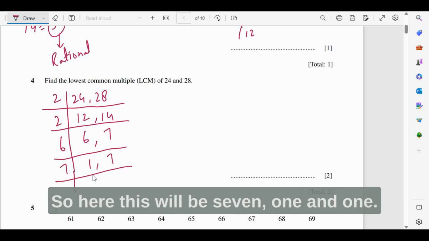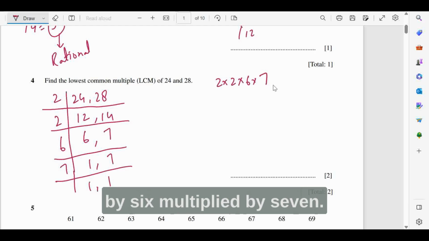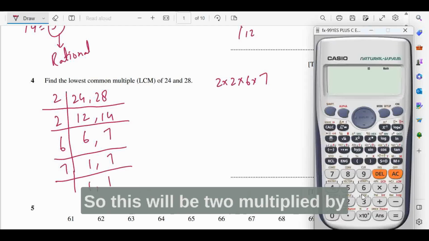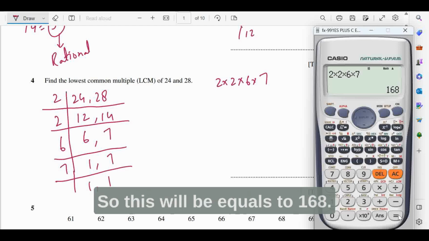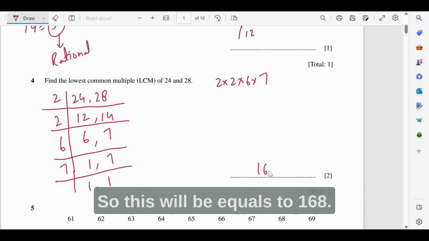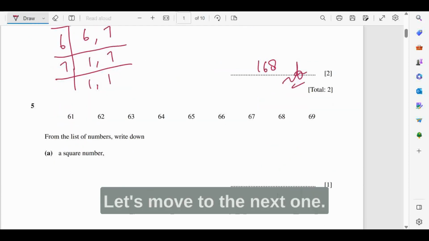So here this will be 7, 1, and 1. So 2 multiplied by 2 multiplied by 6 multiplied by 7 equals 168. So this will be the final answer. Let's move to the next one.